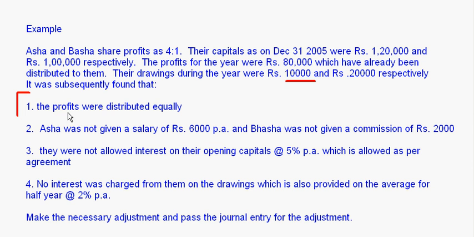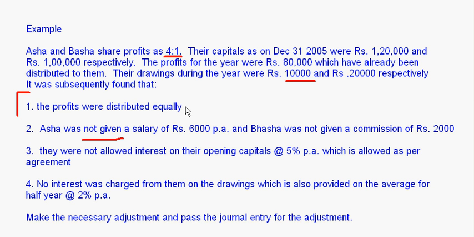Let's read it out. The profits were distributed equally. Asha was not given a salary of rupees 6,000 per annum and Basha was not given a commission of rupees 2,000. They were not allowed interest on their opening capitals at 5% per annum, which is allowed as per the agreement. No interest was charged from them on the drawings, which is also provided on the average for half year at 2% per annum. So now here we can see that the original profit sharing ratio is 4:1, whereas the profits have been distributed equally.